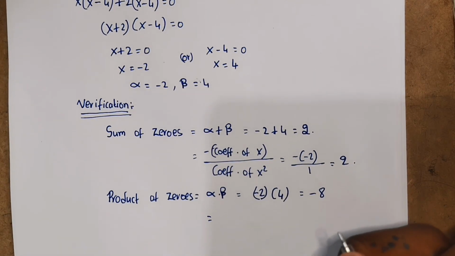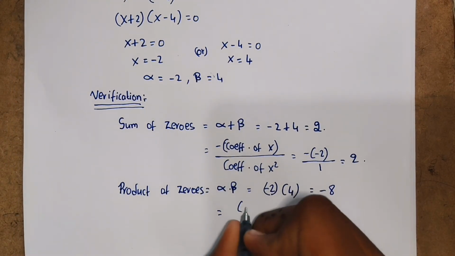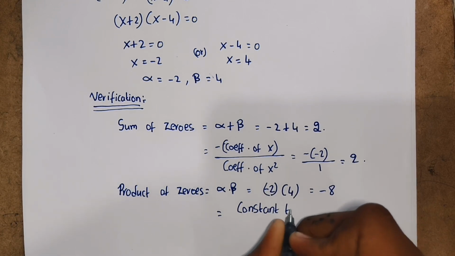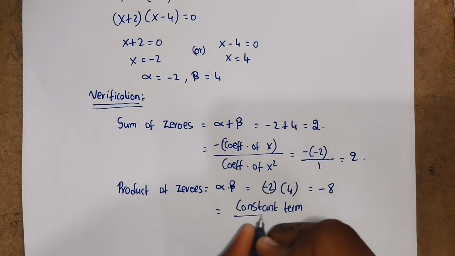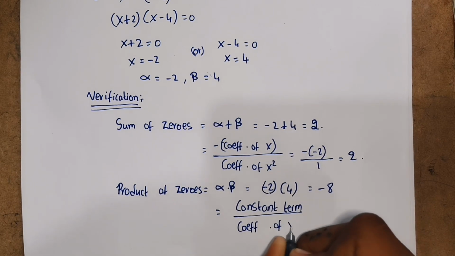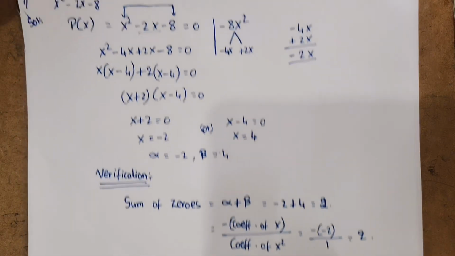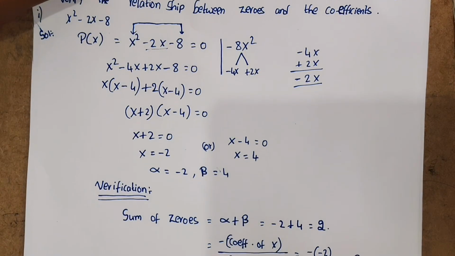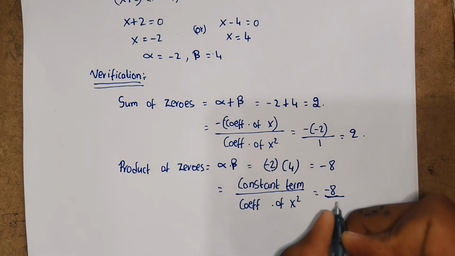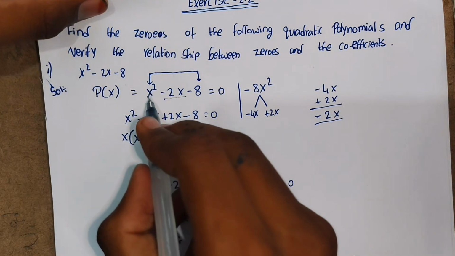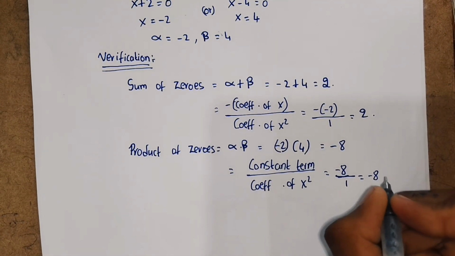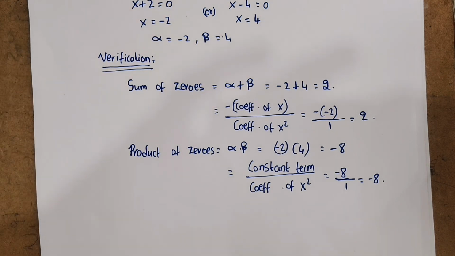Now I am doing this by formula, constant term by coefficient of x square. What is the constant term here? Minus 8. Minus 8 by coefficient of x square, which is plus 1, equals to minus 8. We have completed the first problem.